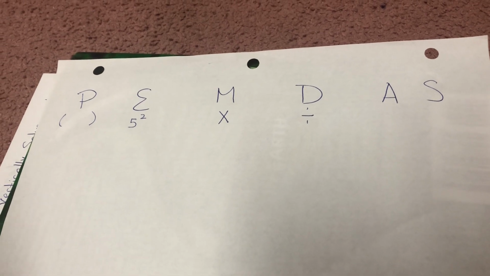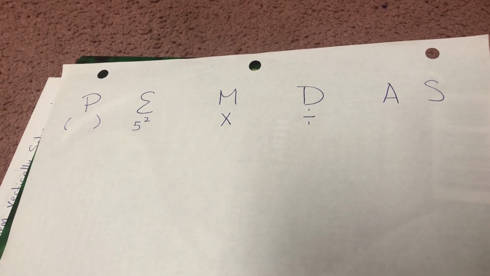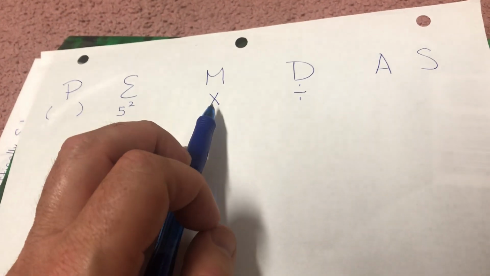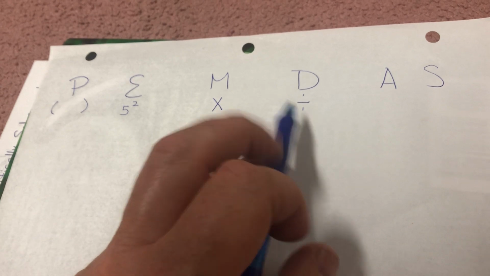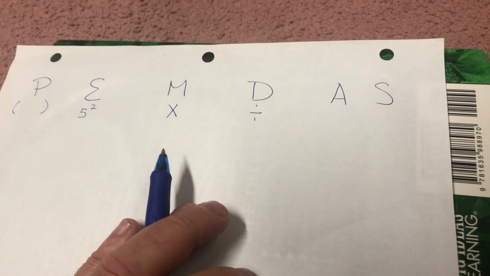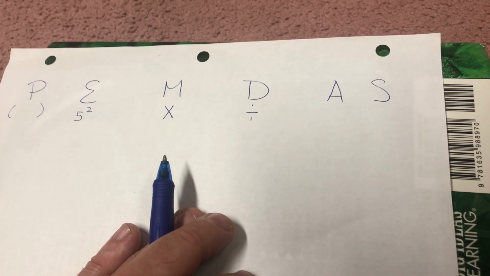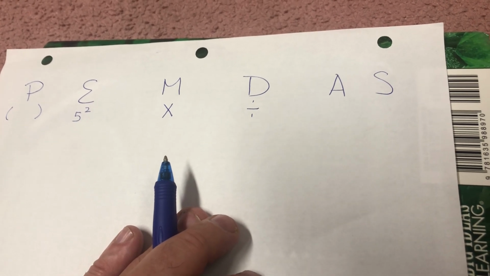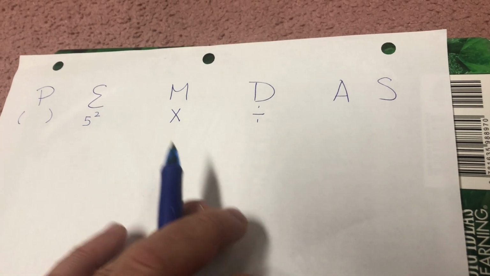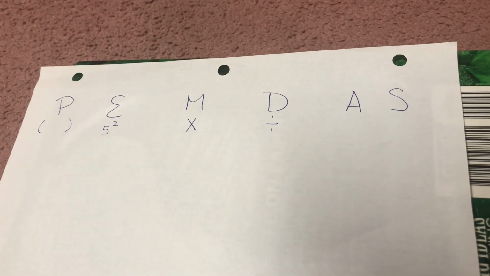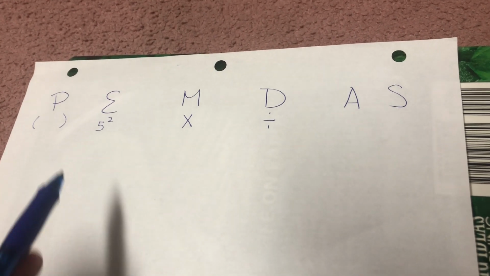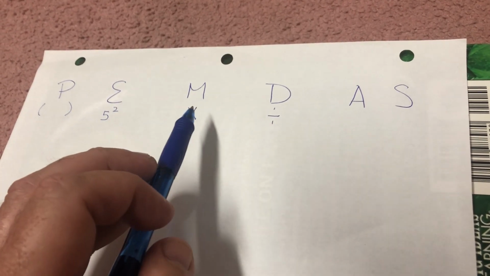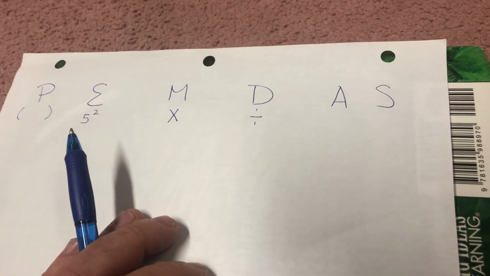So you would actually start way to the left of the problem and move toward the right, and any time that you would see a multiplication or a division sign, you would stop and do that problem. Might be division first and then multiplication. It might just be division. It might just be multiplication. It might be multiple steps, 2 or 3. Who knows? But you start way to the left and you just move right and you stop and do any multiplication and division in order.